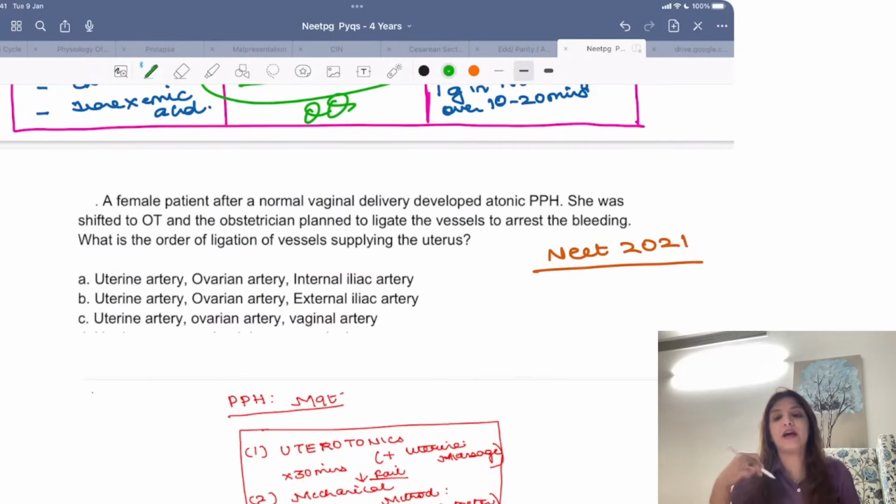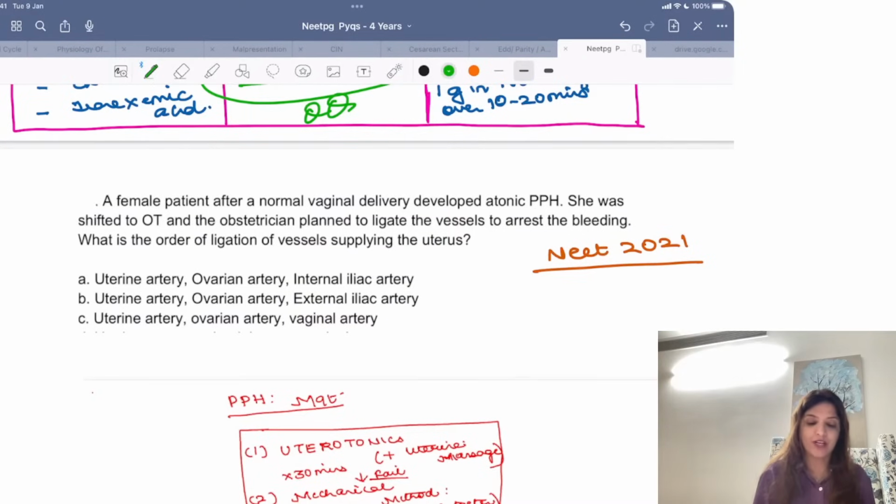So in TOPER conditions, methylergometrine is contraindicated. Yes, and in pulmonary hypertension, thank you Shubham for reminding me, carboprost is also contraindicated in pulmonary hypertension. So there are 3 conditions where carboprost is contraindicated: bronchial asthma, pulmonary hypertension, and in case of suspected amniotic fluid embolism. Excellent.